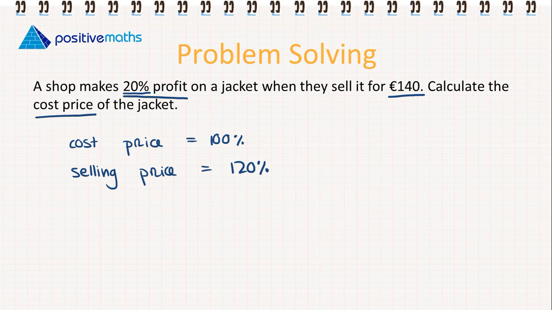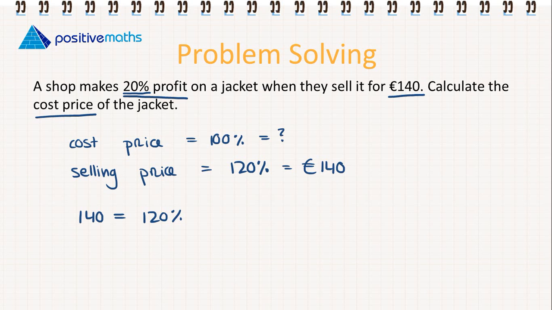So we need to be careful here so that we know that the cost price is 100% and the selling price is 120%. We don't know what the cost price is. We're looking for that. But we do know what the selling price is. So that's €140. So let's say we have €140 is equal to 120%.